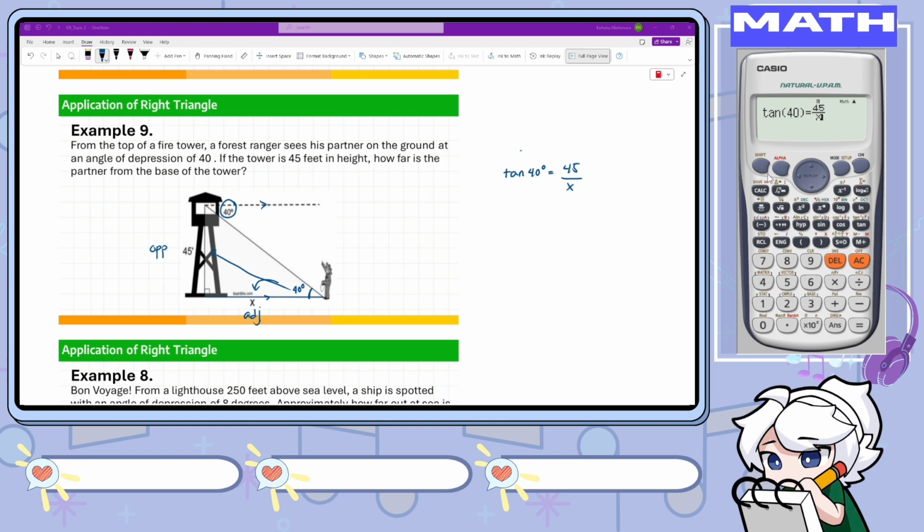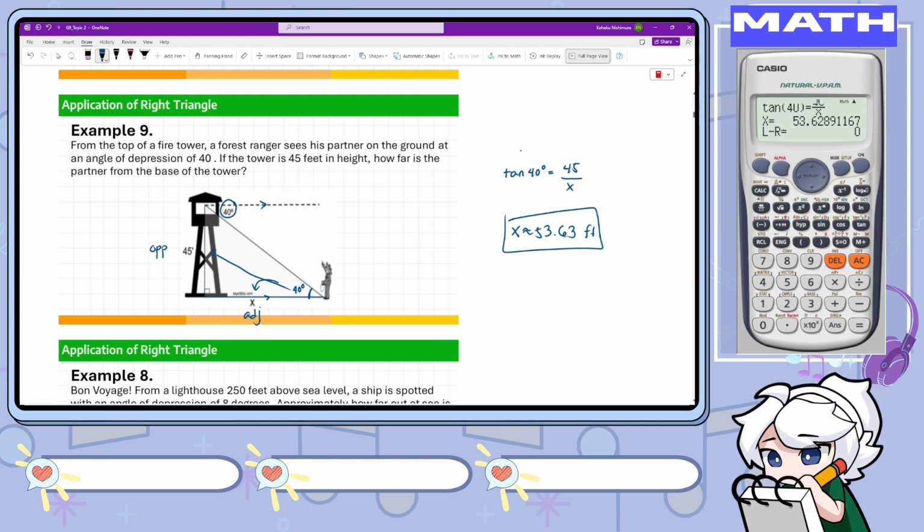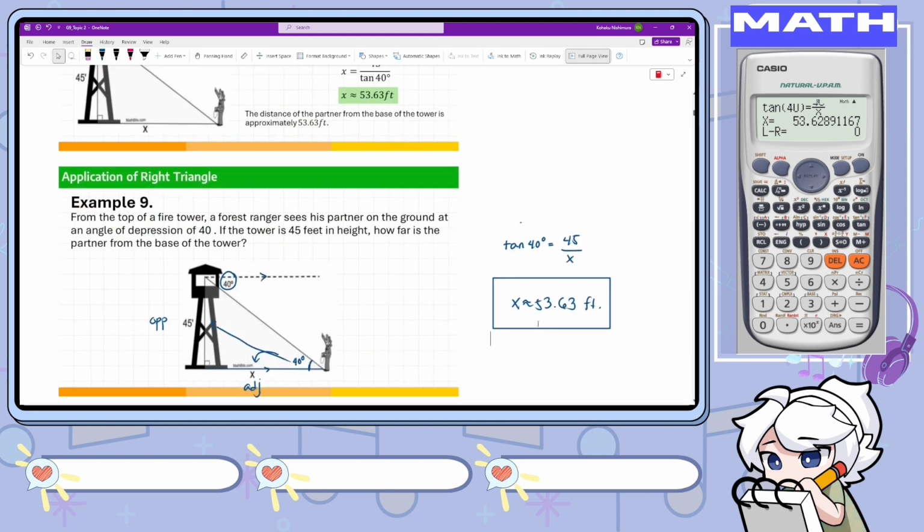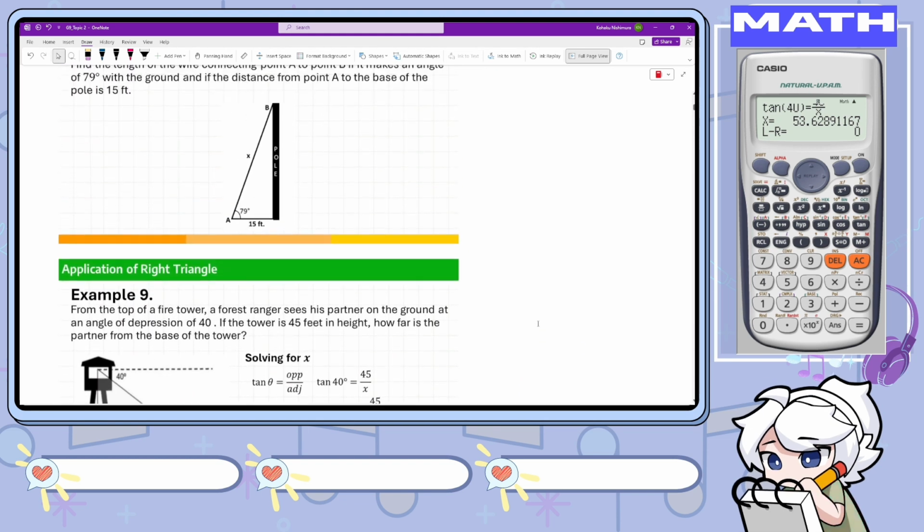Opposite over adjacent, then shift solve. So the answer for x is approximately 53.63 feet. So how far is the partner? The partner is 53.63 feet away from the base of the tower.